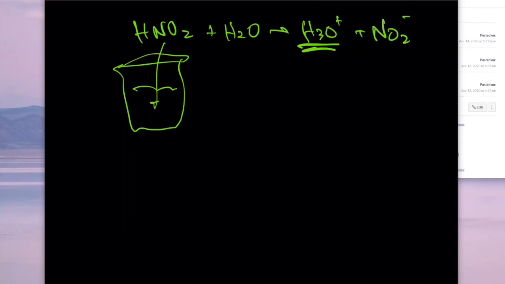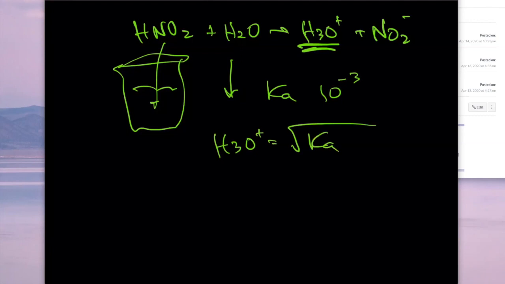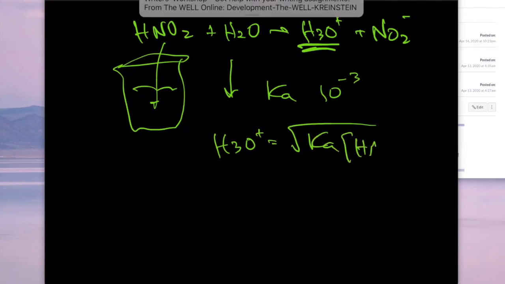Okay, well, when you have a weak acid, especially if your Ka is small, usually in the order of 10 to the minus 3 or so, you can make the assumption that the hydronium concentration is equal to the square root of the Ka times the initial concentration of your acid. The knot there tells you it's initial.